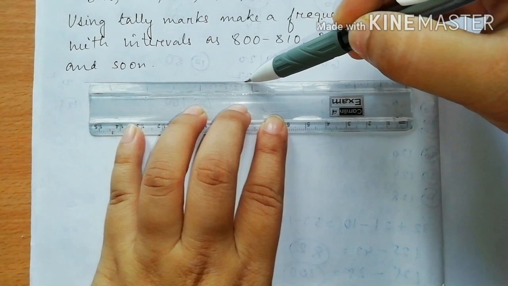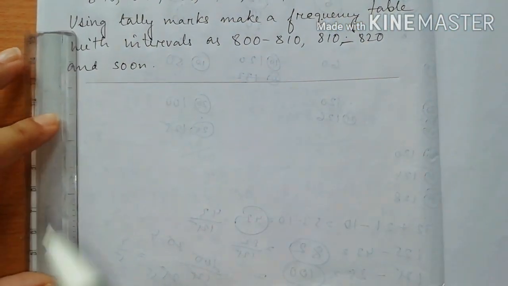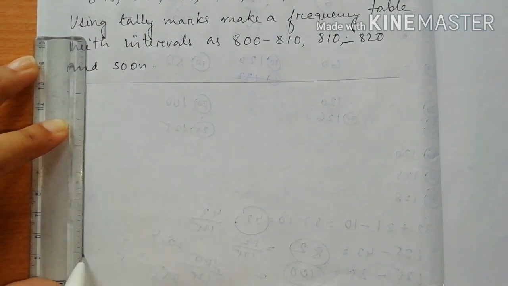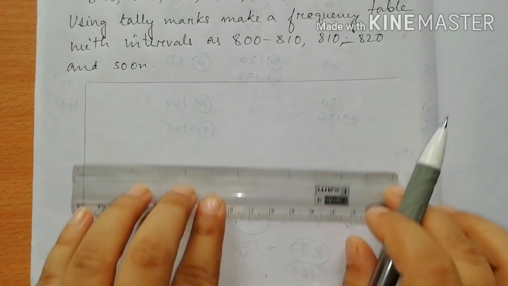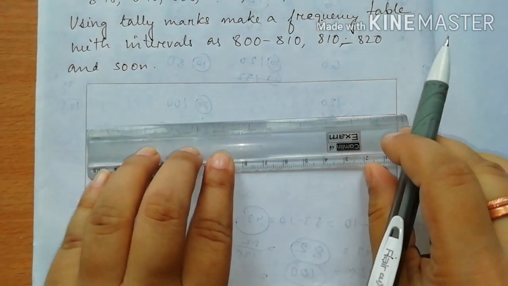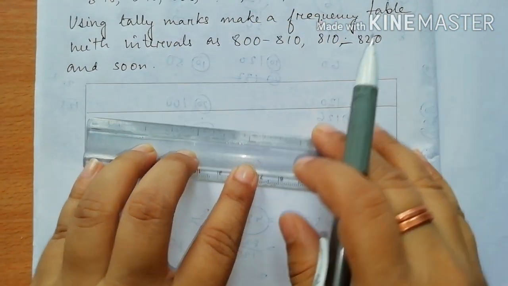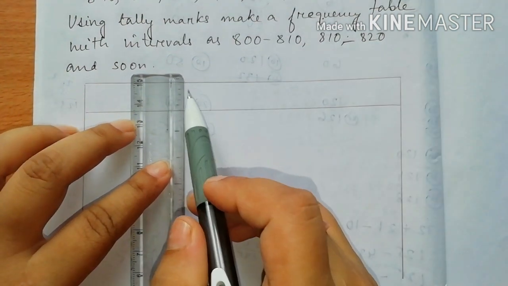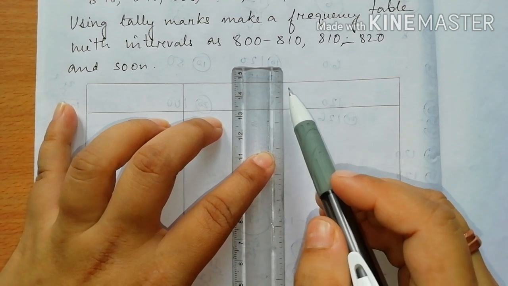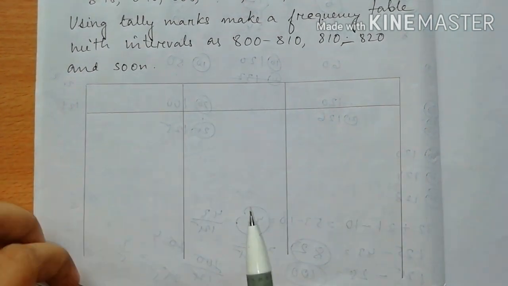We'll draw a frequency distribution table using tally marks. For that we need 3 columns: one for class interval, one for tally mark, and another one for frequency.